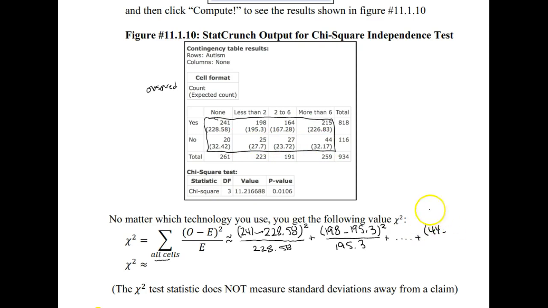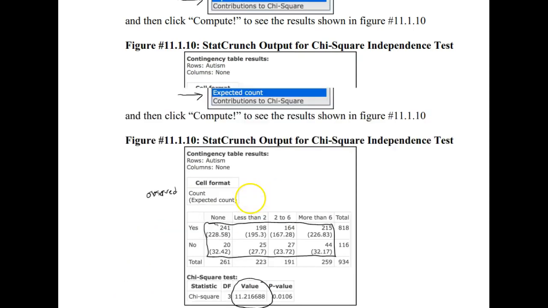would get 44 is what we observed. The expected frequency was 32.17 squared. And then again dividing by what we expected in that cell. Now, if we actually went through and computed all of this, again, that chi-square value on the output screen here, we see it's roughly about 11.22.